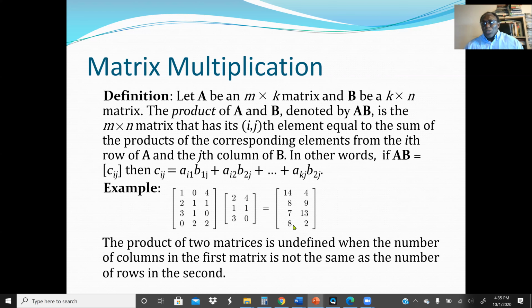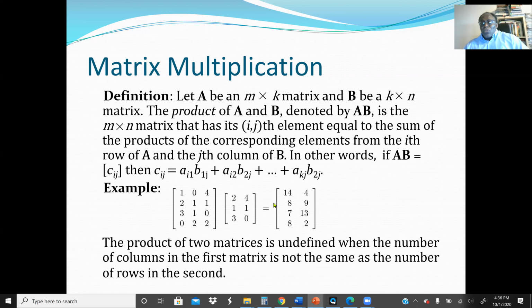We cannot do the multiplication because the condition we have to meet is that the number of columns of the first matrix should be the same as the number of rows of the second matrix. In this case, it won't work. If my 3 by 2 matrix is the first matrix, the number of columns is 2, and my second matrix has 4 rows. So 2 and 4 are not the same. But the way we have it now, the number of columns is 3 and the number of rows is 3, so we are able to do the multiplication.